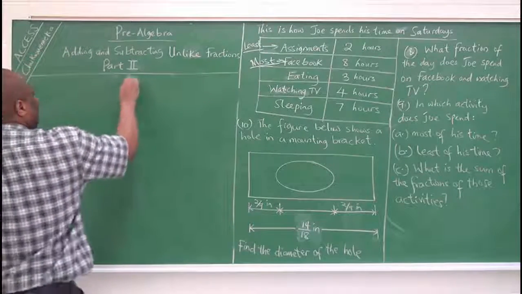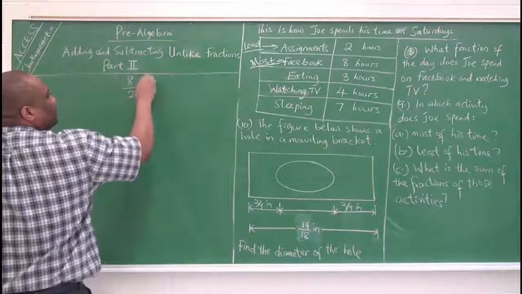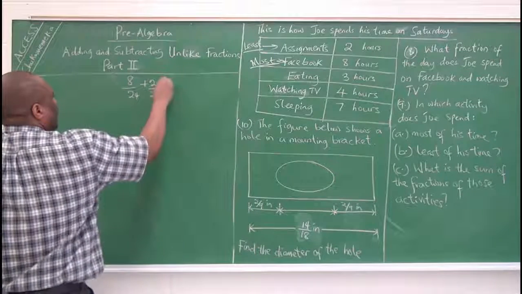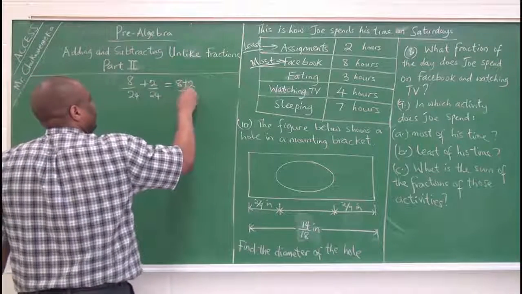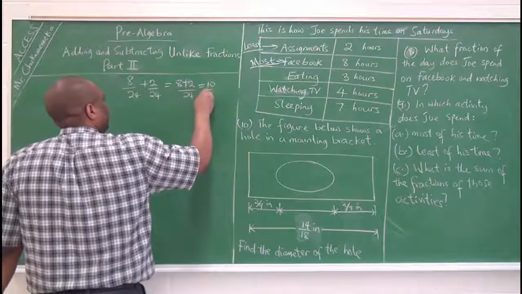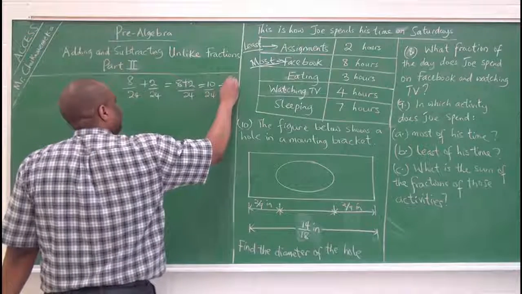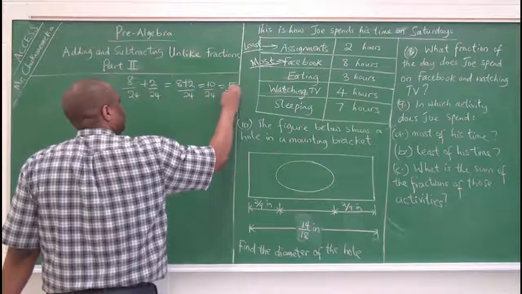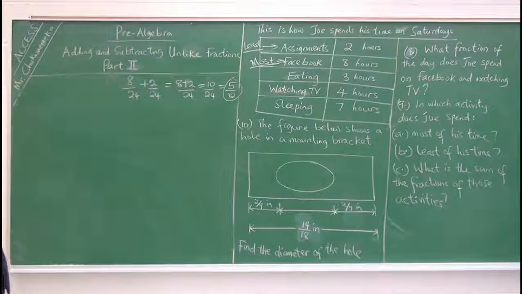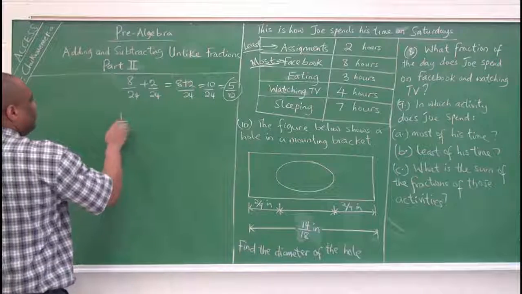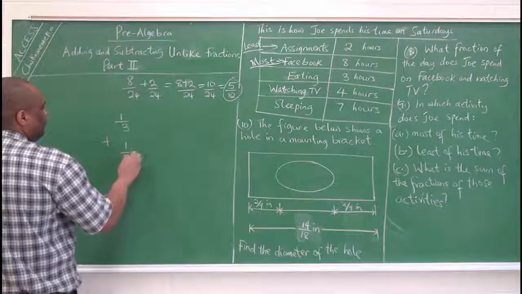So that will give us 8 out of 24 plus 2 out of 24. That is 8 plus 2, 10 out of 24. 2 into 10 is 5. 2 into 24 is 12. So 5 out of 12. Now, another way you can do it is 1 out of 3 plus 1 out of 12.